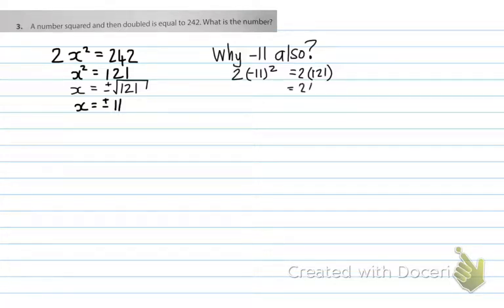So that's going to be 242. So that's why negative 11 is also one of the answers. We can remember that always when we have an equation where we get the square root of something, we always have to get the positive and negative answer.